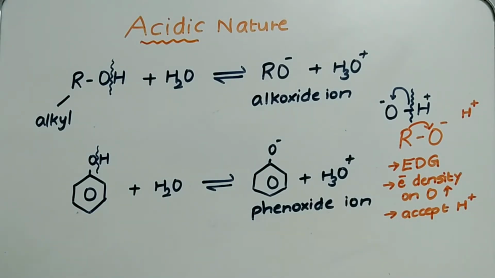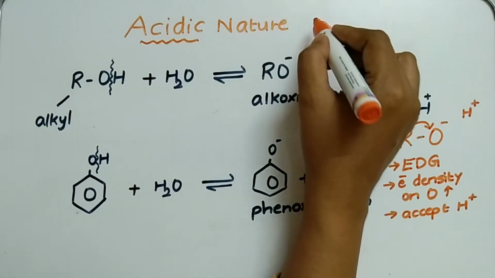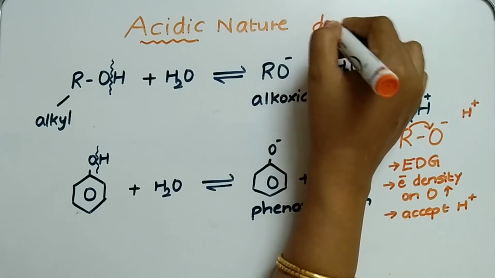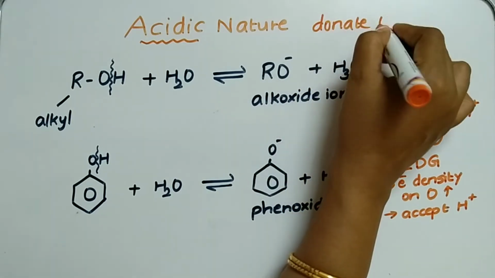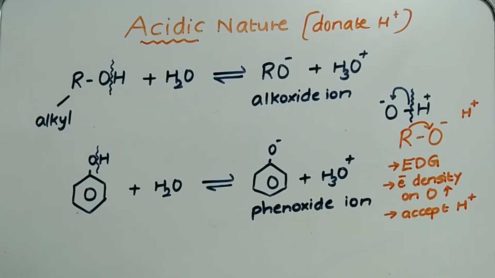We know the term acidic means it is an acid compound. What is the general definition? So far we have learnt that acids are those which donate H plus ions.